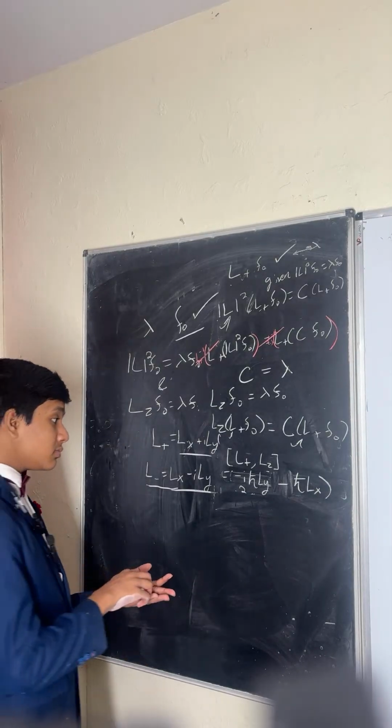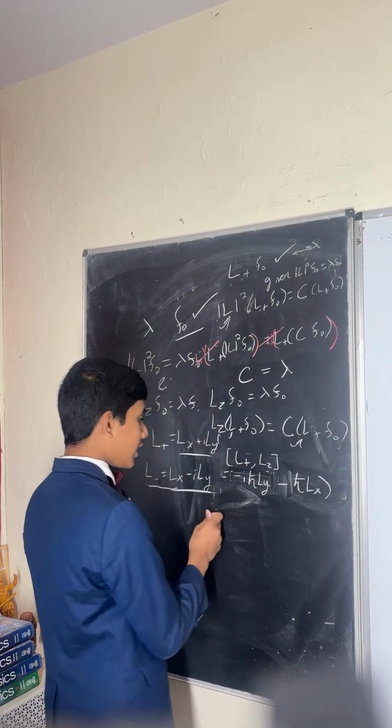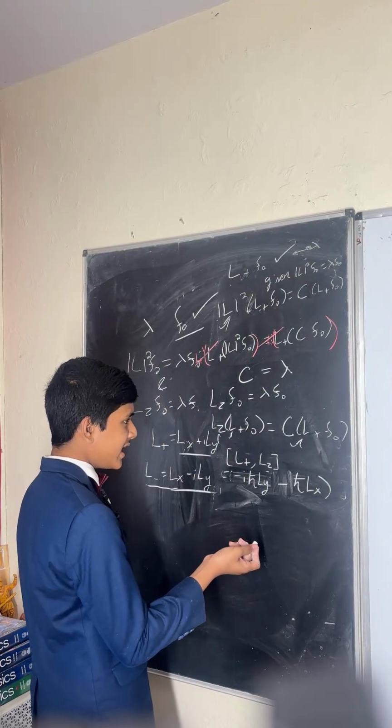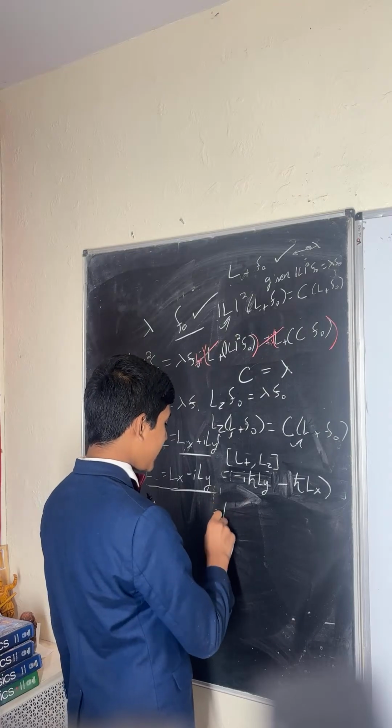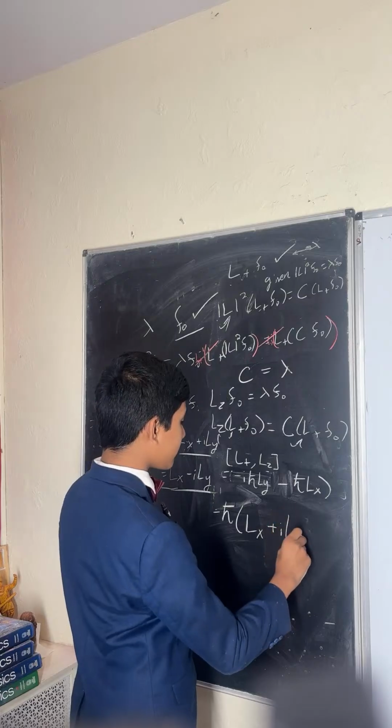What is this going to become? Well, once you factorize out all the garbage, at the end of the day, it should still just become minus h bar times Lx plus I Ly.